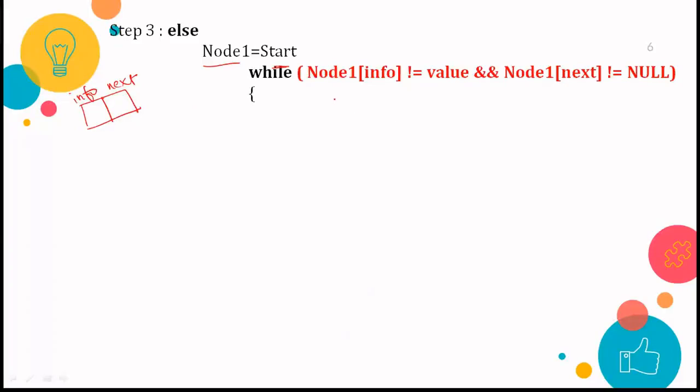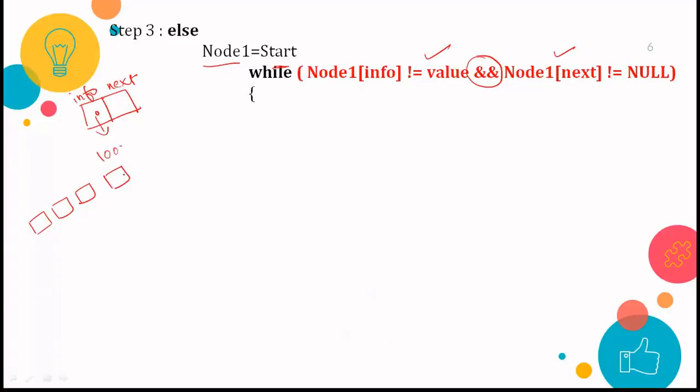Every time it is going to check if node 1 information contains the value that we want to search, and we were searching 100. If it is not equal to this, then node 1 will be updated. There is an AND condition between these two conditions, and both have to be true for it to be executed. And node 1 next should not be equal to null. This says that we have different nodes available.